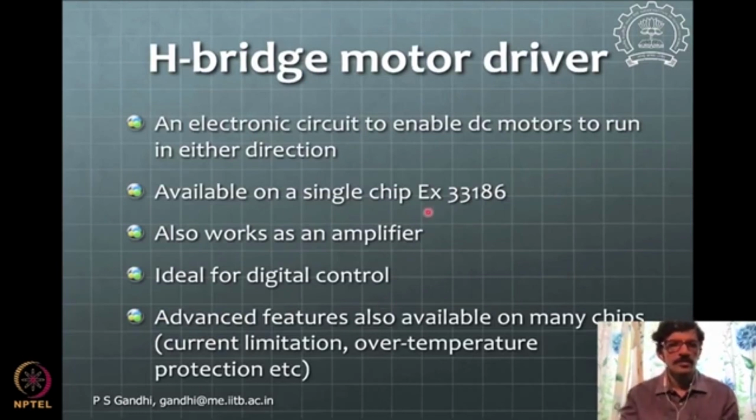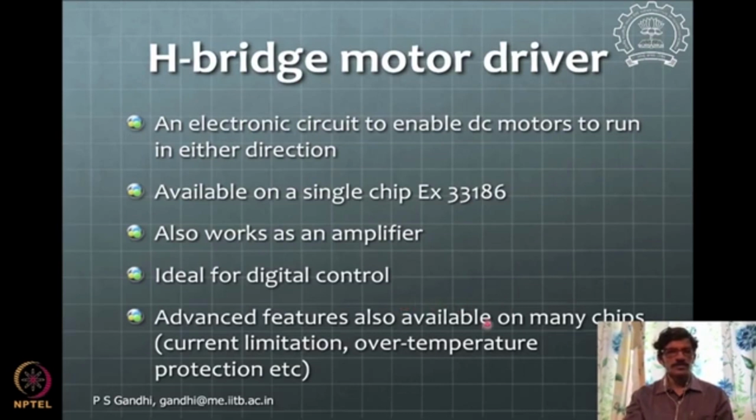There are a lot of different chips available for H-bridge kind of functionality, and it works as an amplifier and direction reversal. Both functions are done in one chip. This is a very good, ideal thing for motor control, digital control of the motor.